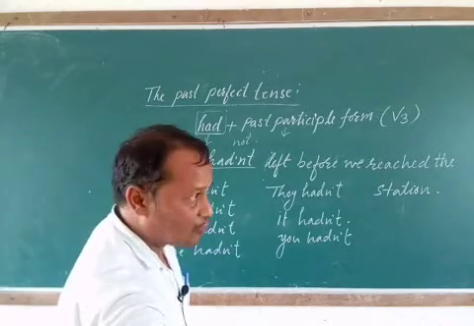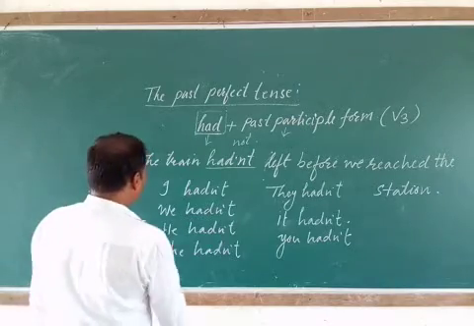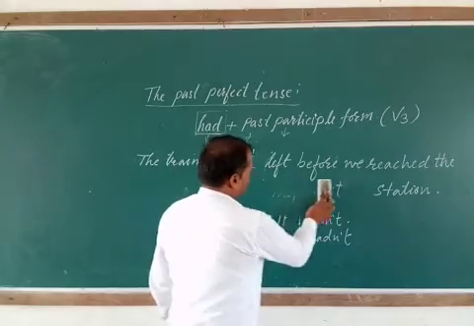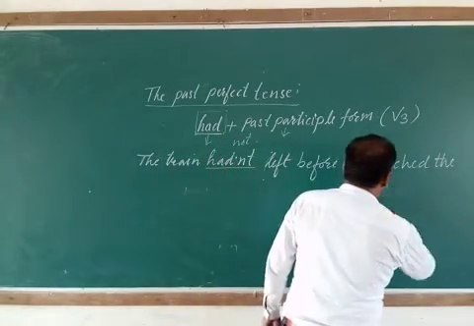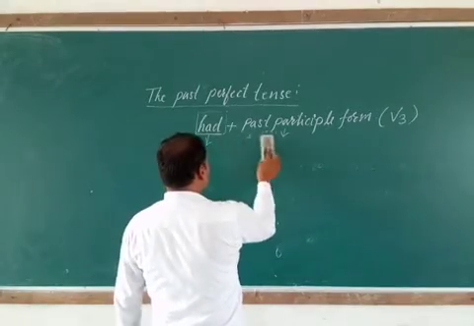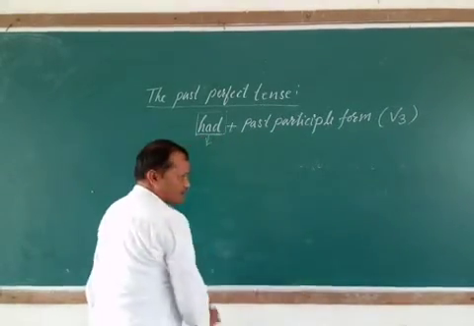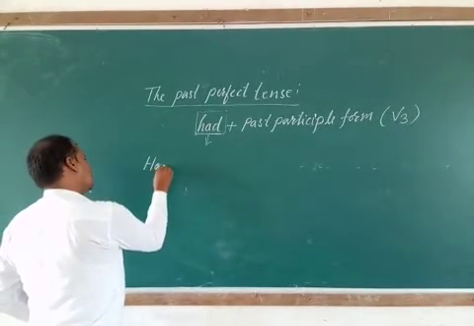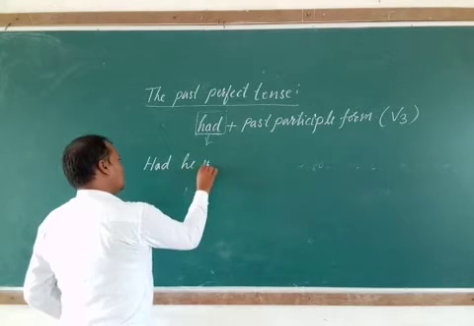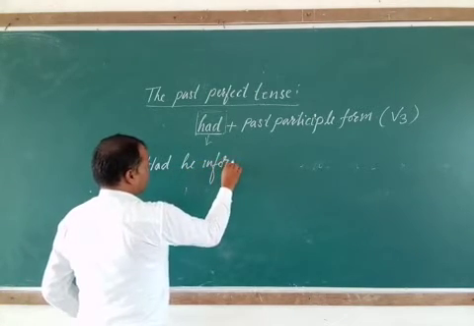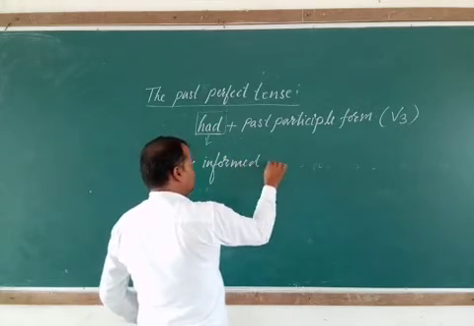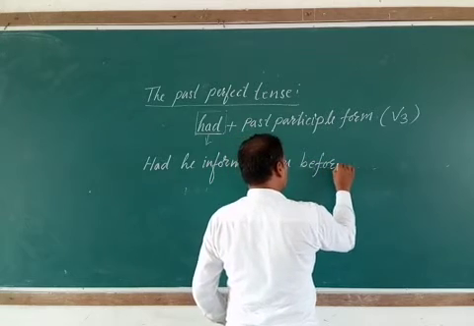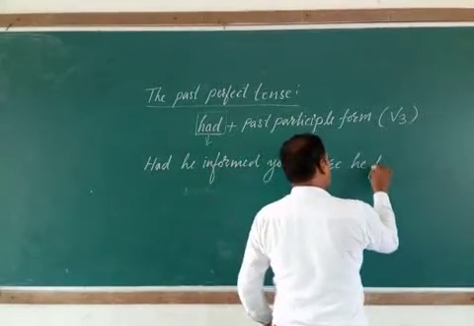If we want to make questions in this tense, we can use had, the auxiliary verb, before the subject. Means we use the auxiliary verb before the subject to make a question, like: had he informed you before he fired you?